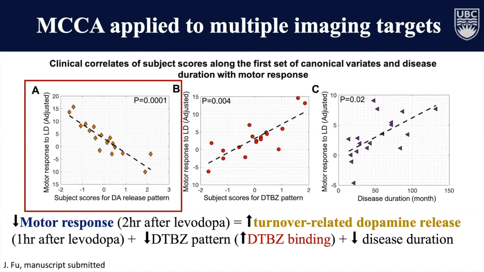So you see this correlation is between motor response and the dopamine release pattern. And it was maybe surprising at first because people may expect that higher dopamine release should mean higher treatment efficiency.